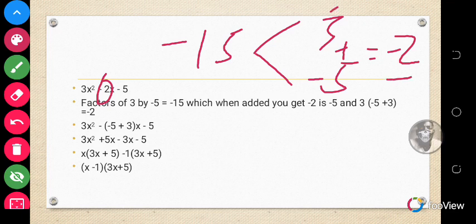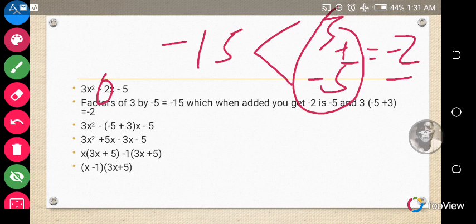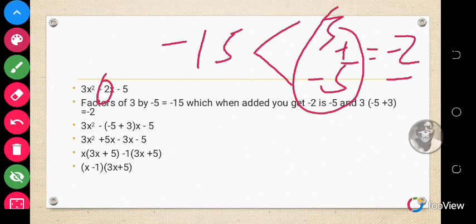So you replace the negative 2 with 3 minus 5, or negative 5 plus 3, it is the same. So 3x squared, then in brackets negative 5 plus 3, and then x minus 5.